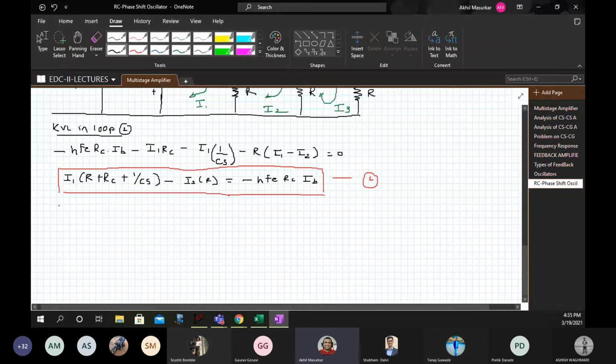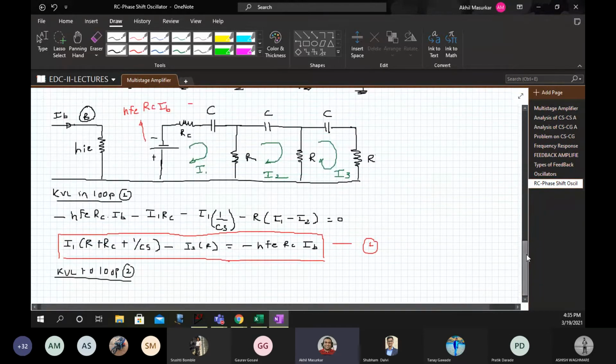So now I will apply KVL to loop 2. When I apply KVL to loop 2, what will I get?